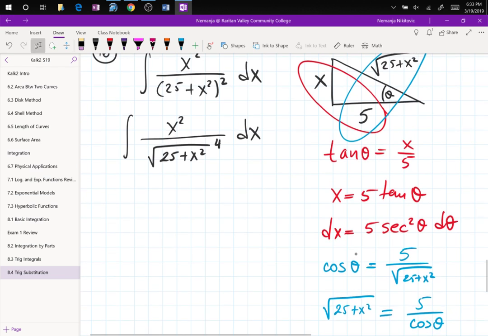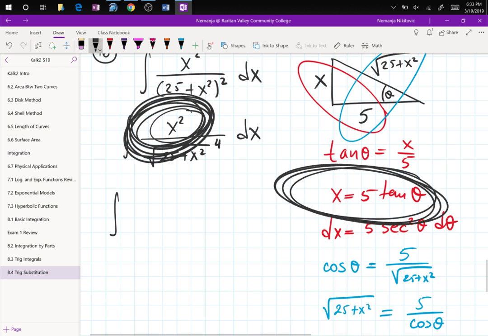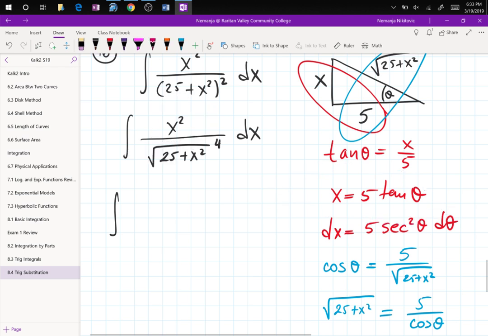Now we can plug everything in. I have x squared and I have x. Square it and plug in.